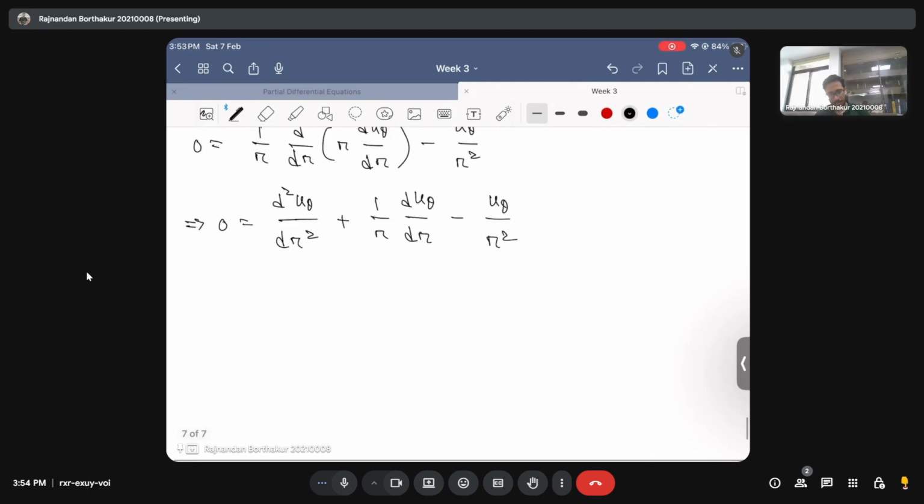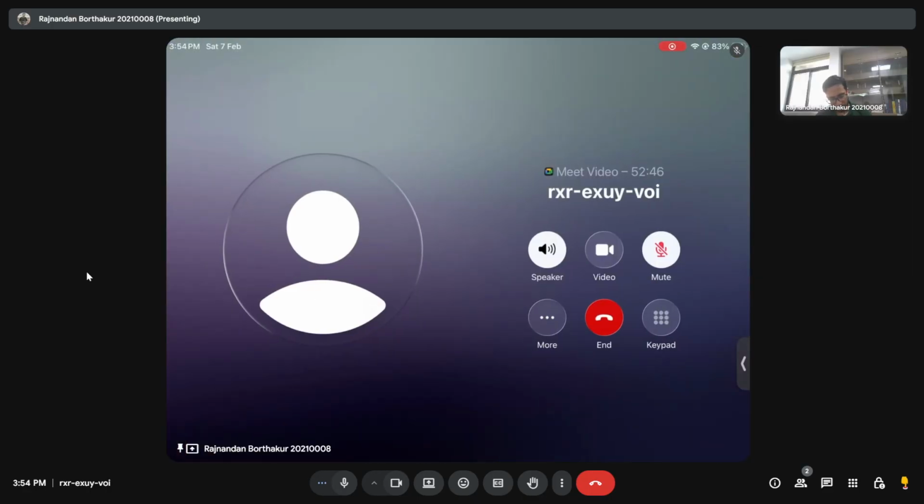And maybe I'll multiply the entire equation by r squared, and then I get r squared times d²u_θ/dr² plus r times du_θ/dr minus u_θ is equal to 0.